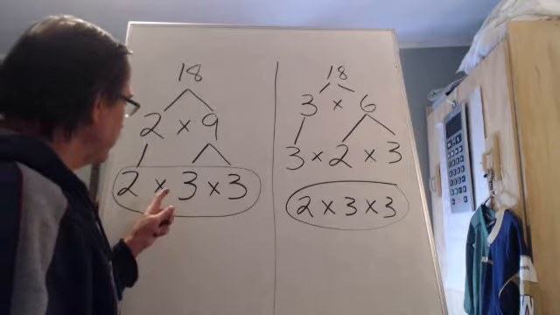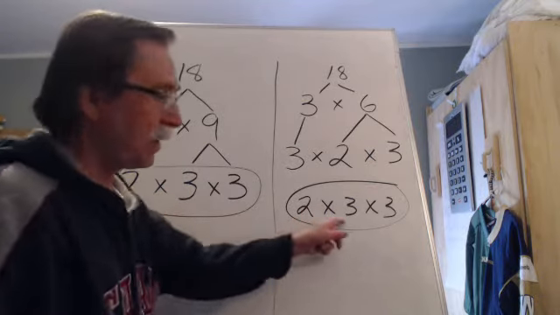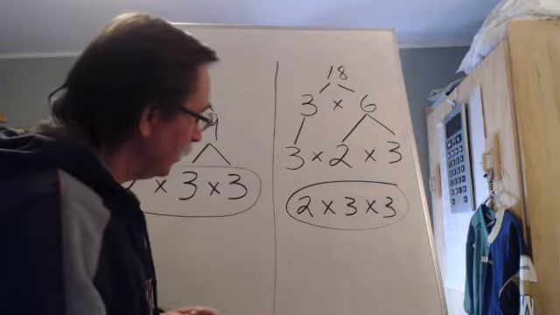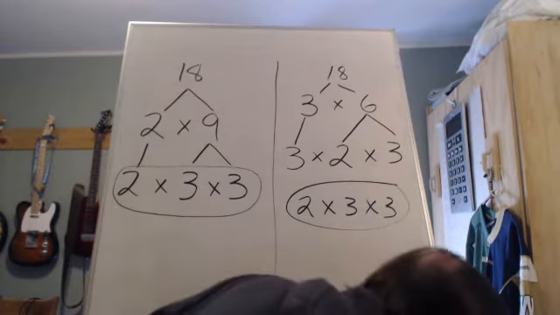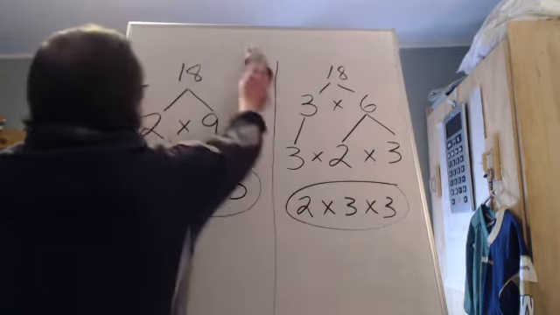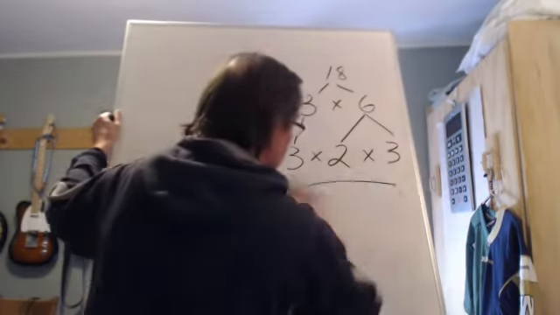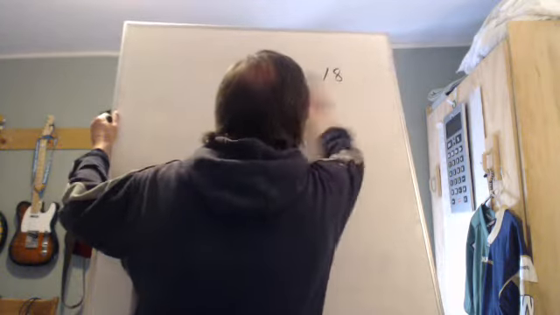Okay, so this person got an answer, that person got the same answer. All right, and I'm going to give you one more. I'm going to go with 75. And again, I'm going to do this twice.